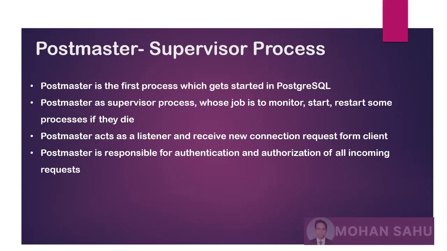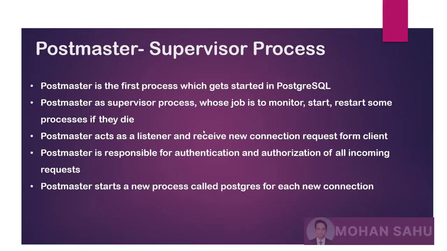If you have that, it will check and authenticate you. Authorization is the process where it defines what kind of action you can do in the database. So the Postmaster process checks all those things. And Postmaster starts a new process called Postgres for each new connection, which we have already seen.